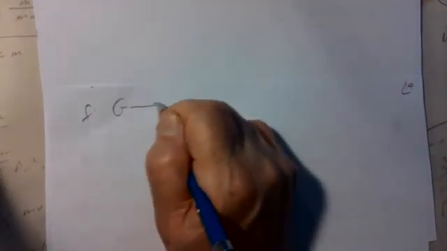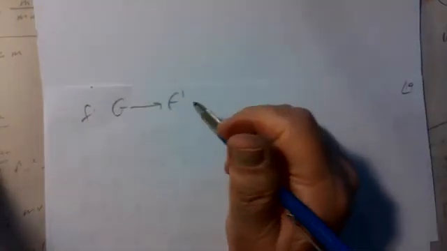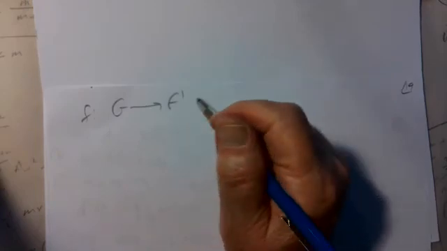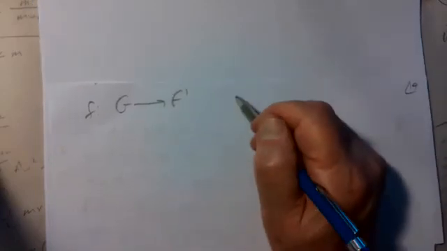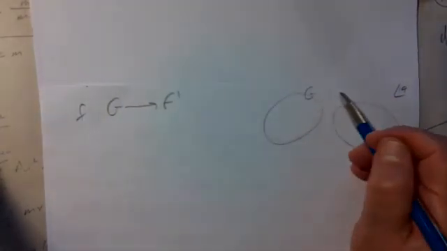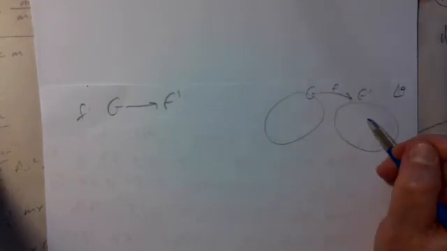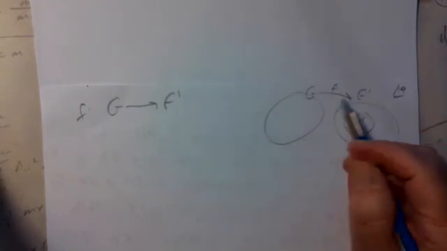So in general, if you have any function from G to G prime, these can just be sets if you like, and you take any subset, let's draw a picture. Here's G, here's G prime, here's the function f. Here's some H prime.